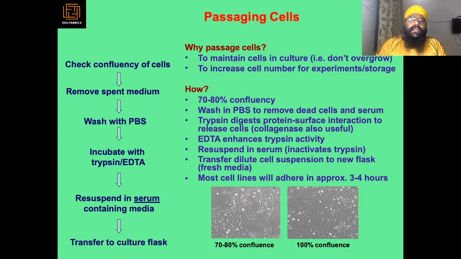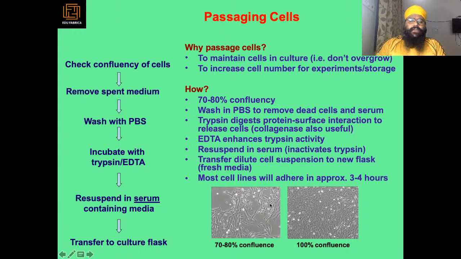So how is passaging of cells done? Why is it required to passage your cells? It basically maintains the cells in culture, as I discussed, so that the cells do not overgrow, and increases the cell number for experiments. So you check the confluency, how confluent your cells are. Here we can see the confluency is around 70 to 80%, and this is the 100% confluent cell line.